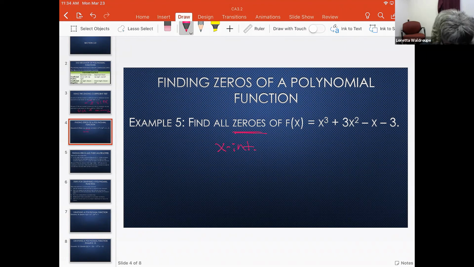You're going to hit y equals on the top right and plug in your equation. So x to the third plus 3x squared minus x minus 3.